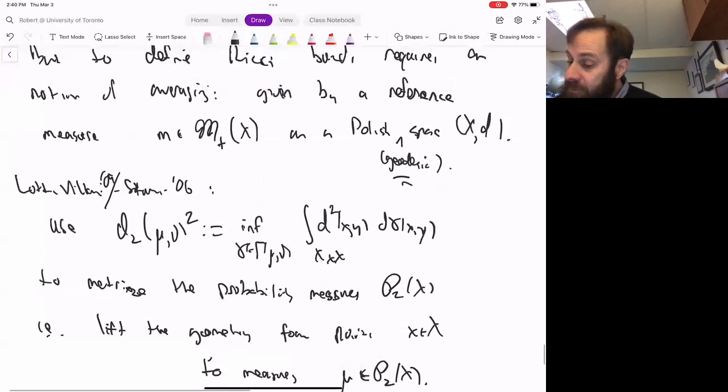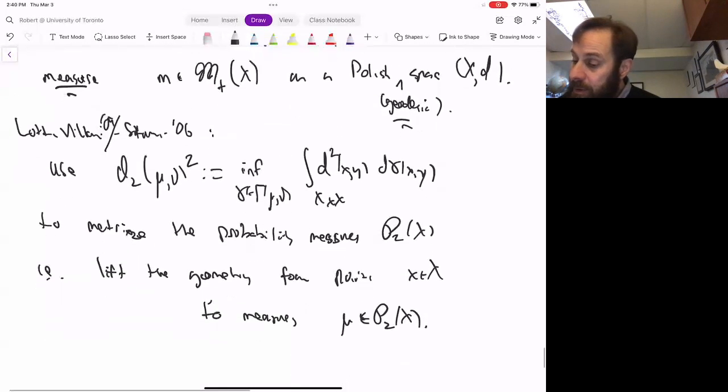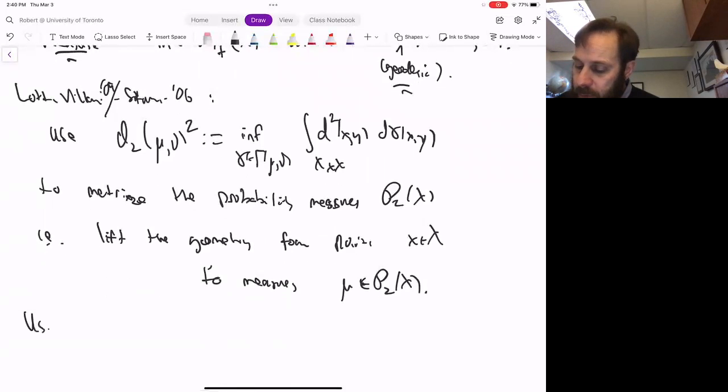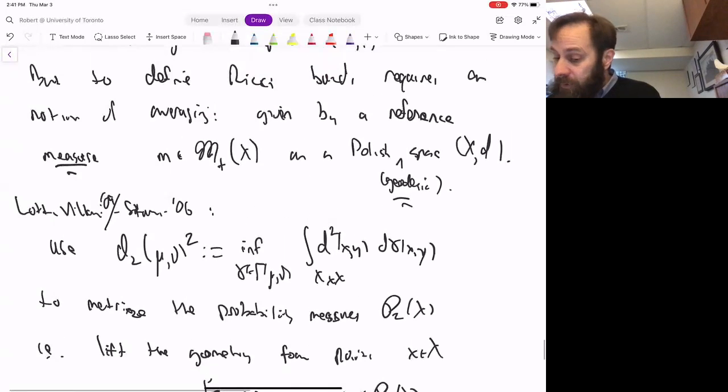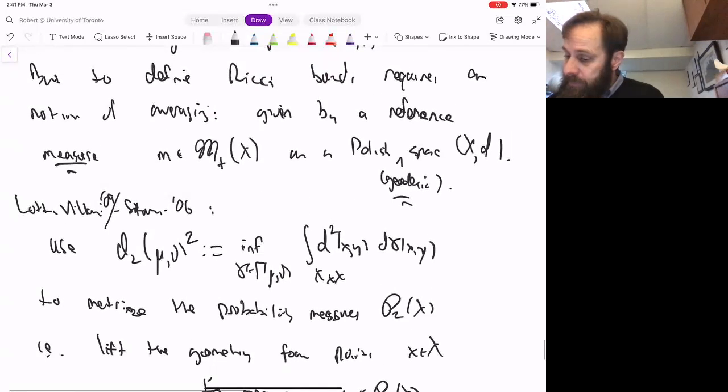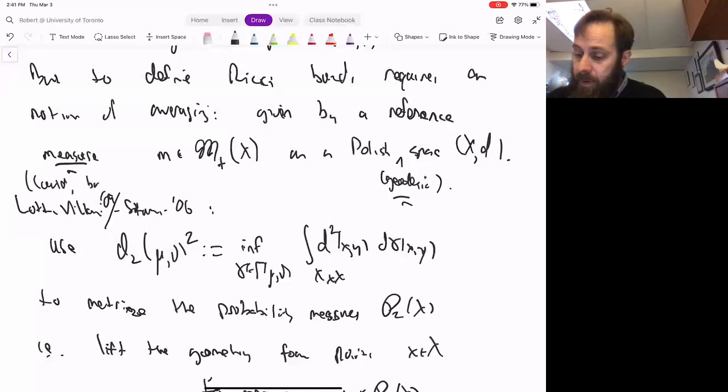And so where does this reference measure come in? We use the measure. We wanted to define a notion like the LP norm of a density of a measure. But in a metric space, it's not so clear what the LP norm of the density of a measure is because we don't know what the density of a measure is. A natural reference measure might be the Hausdorff measure. So it could, but need not be.